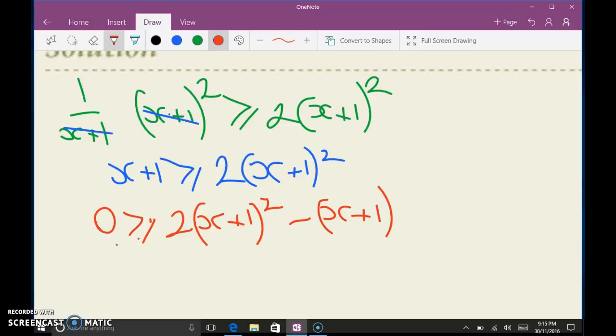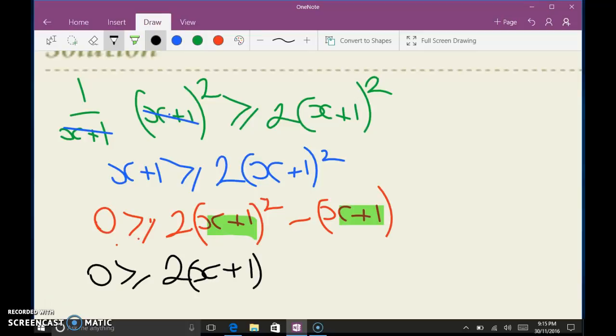Cool. So I've just brought it over to the other side. You'll notice I put it there in brackets because I don't want to change the signs at the moment, because if any of you are paying attention, you should have noticed that we have a common factor. Okay, so we're going to go back and we're going to take a common factor out. So we've got 0, that 2x plus 1. Okay.